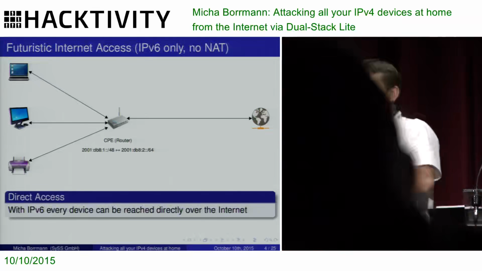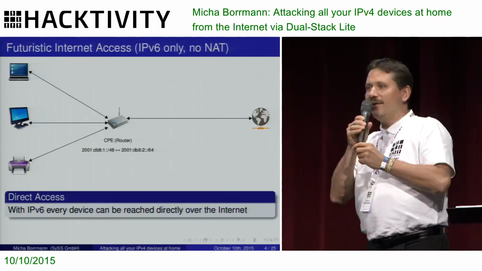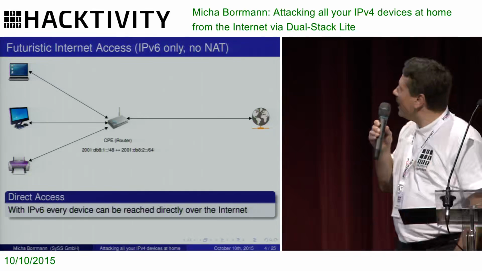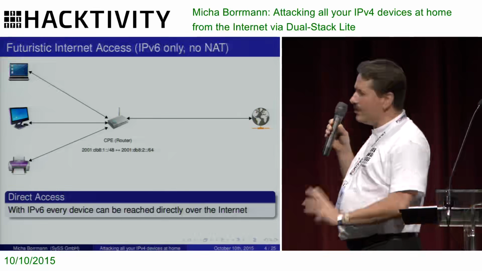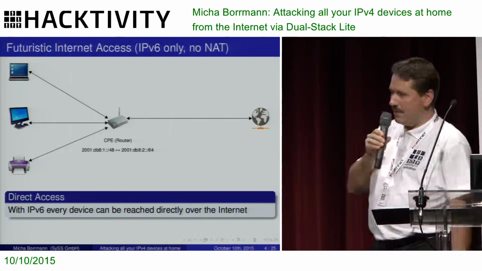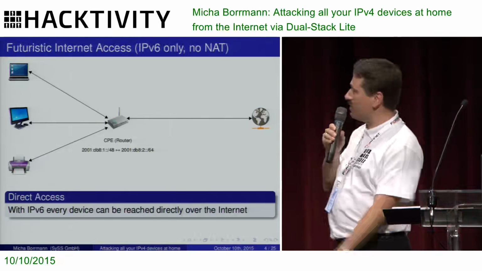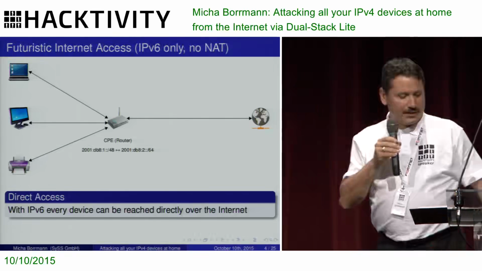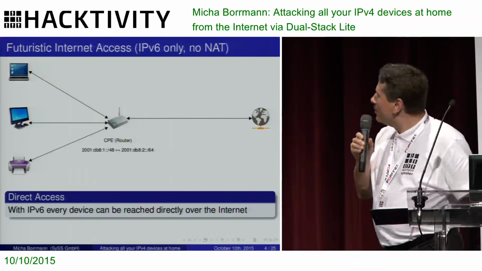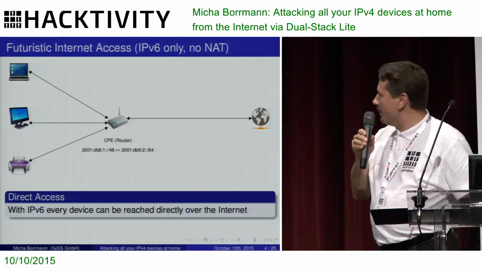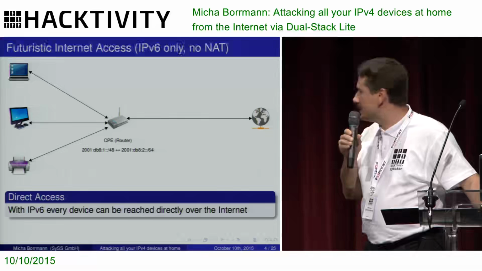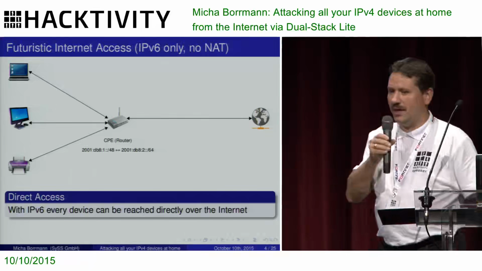You don't have IPv4? But in the future, only IPv6 is available and no IPv4. Maybe some of you have such internet access, but that's not a product for the main customers today, because a lot of services are not available with IPv6, and you need IPv4.